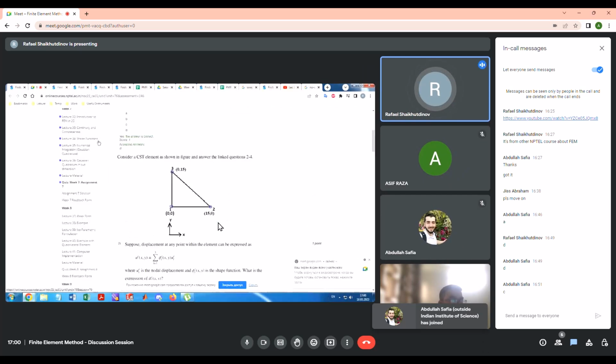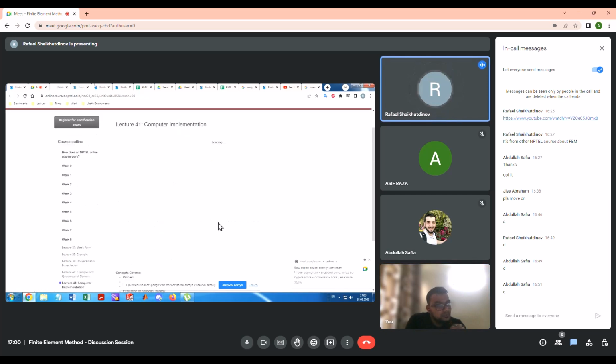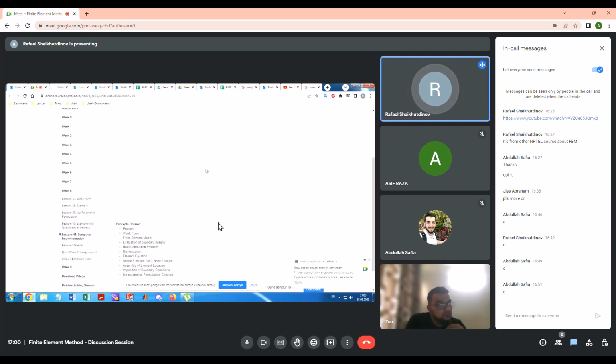This is the computer implementation for week 8. There is no code shared; you just see here computer implementation, but there's no code.